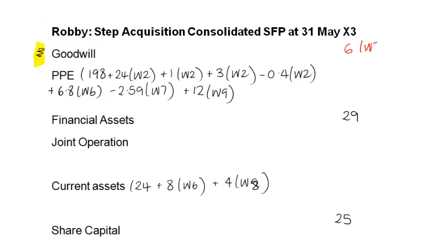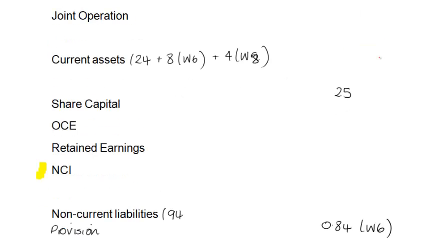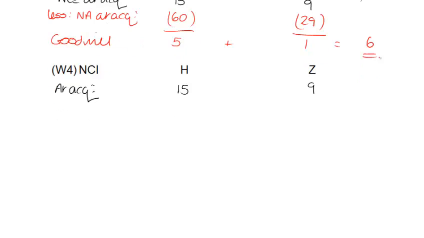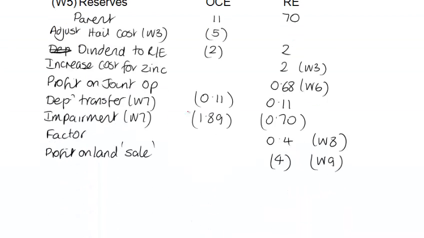So 6 from working number 3. We've got the non-controlling interest at acquisition. Since acquisition, we're going to give them 20% of H's profits, which are 11. So that's 2.2. And we're going to give the other 80% of the profits to the group. So we go to group reserves.